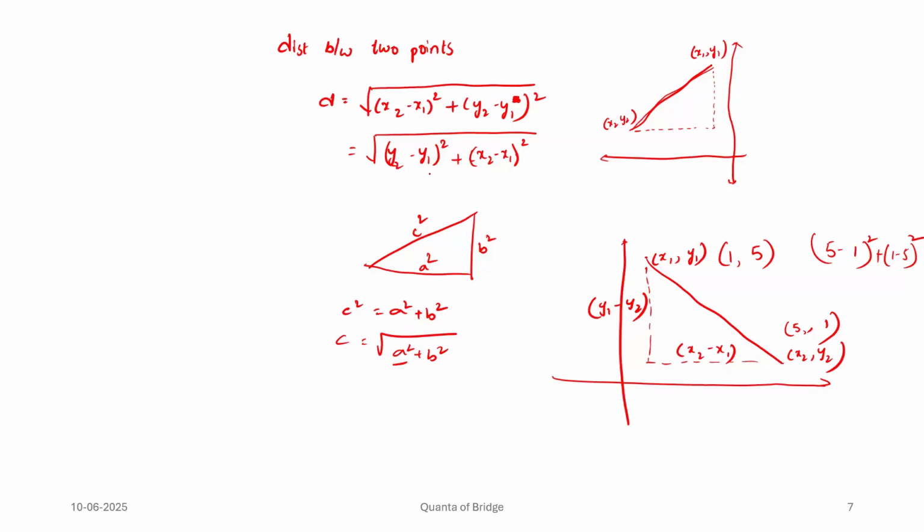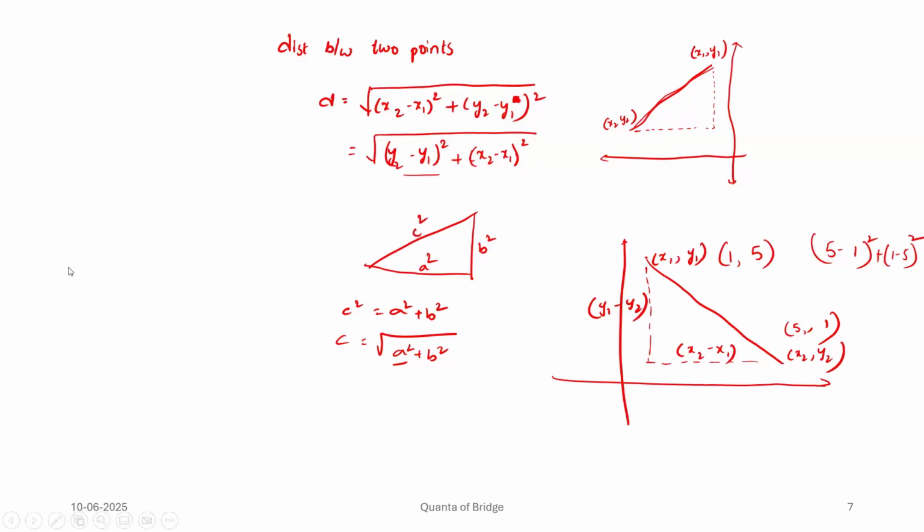That is how this formula is obtained. But you need not remember how this formula is obtained. All you need to understand is that the distance between any 2 points in a coordinate plane is given by this formula: the differences of coordinates, squared, and summed.